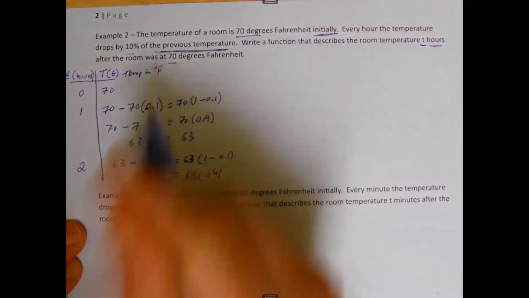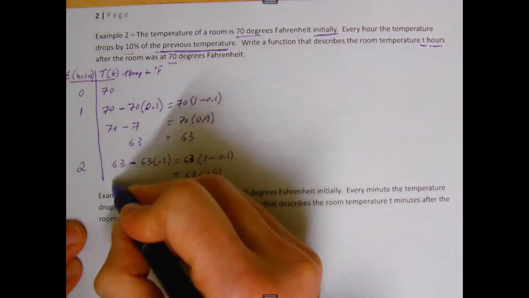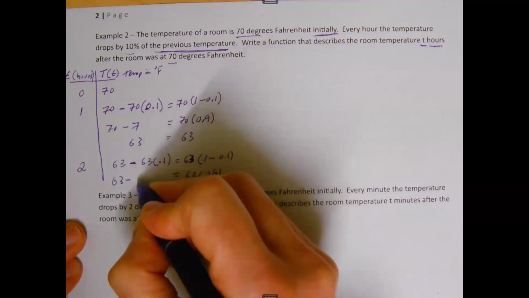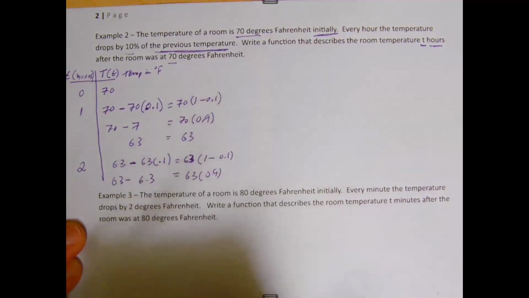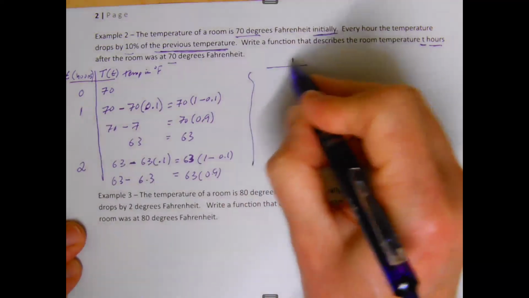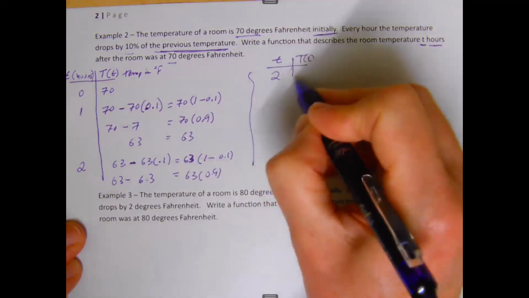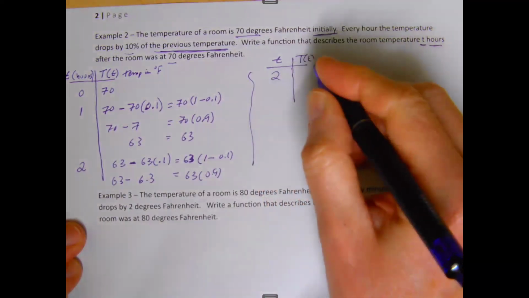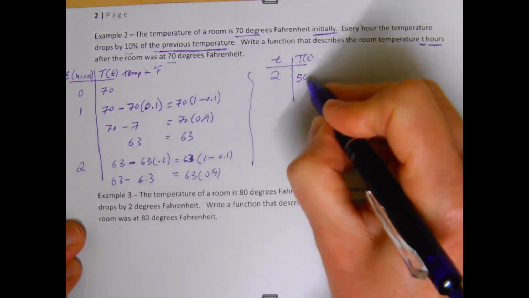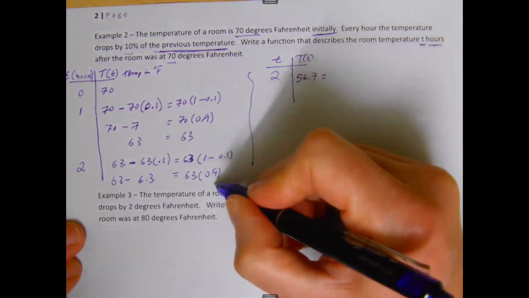Excuse me. 10% of 63 is 6.3. Continuing here, at 2, I'm going to get 63 minus 6.3, which is 56.7. That's what I would get here too.